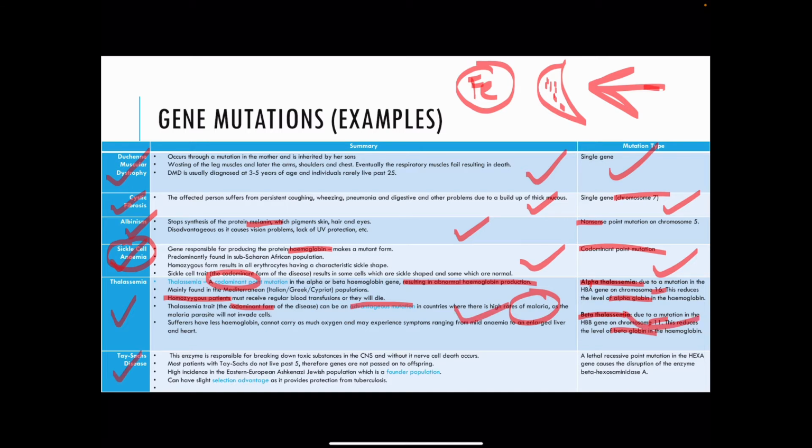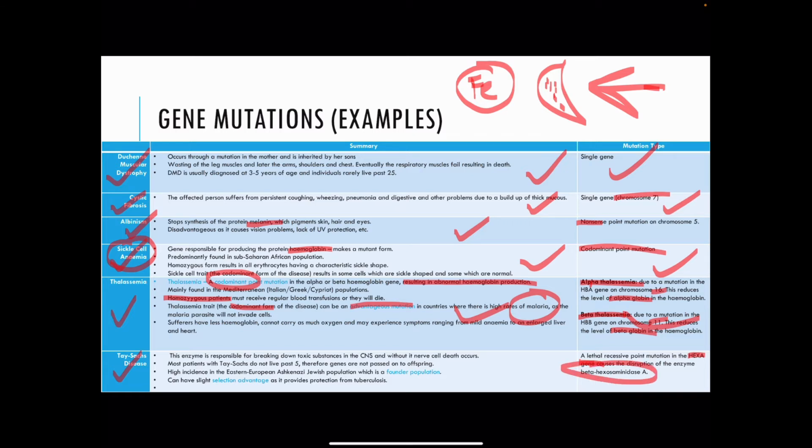Now, Tay-Sachs disease is what we call a lethal recessive condition. This means that if you inherit two recessive alleles, then you are unfortunately going to die from Tay-Sachs disease. It's fatal. Now, the mutation involves the HEXA gene, which causes the disruption of this enzyme here, and I'm not going to try and say it.